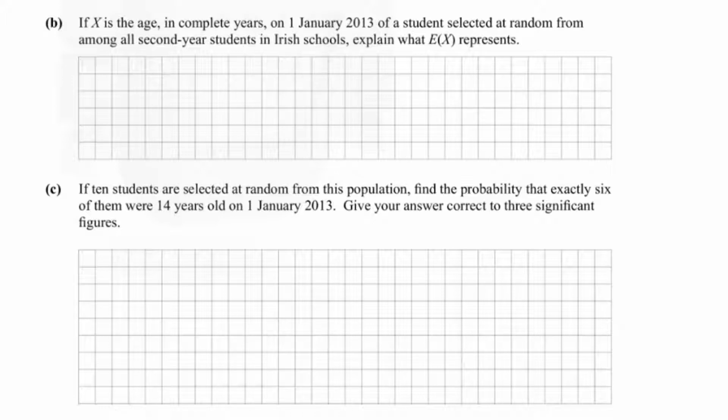What the expected value is, and I said it a minute ago, is a version of the average. So what we can say is E(X), sorry, should be a capital X. So E(X) represents the mean. So that's the average we're talking about now.